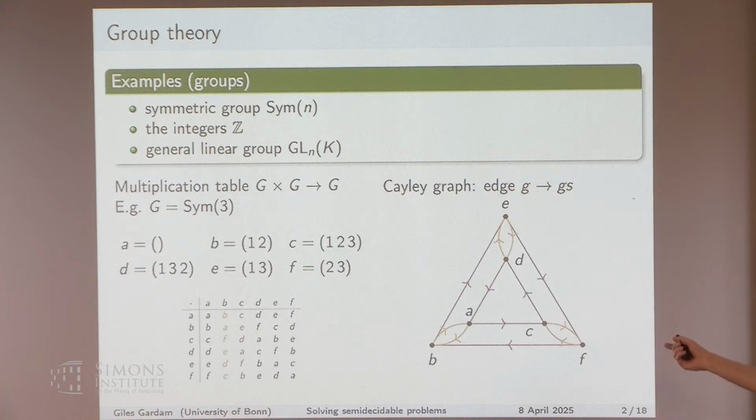So giving you this graph is really giving you the exact same data as the 2 columns of the multiplication table. And the fact that these 2 elements generate the group, that everything can be written as words in those generators and their inverses, is just the same thing as saying that this graph is connected, considered as an undirected graph.